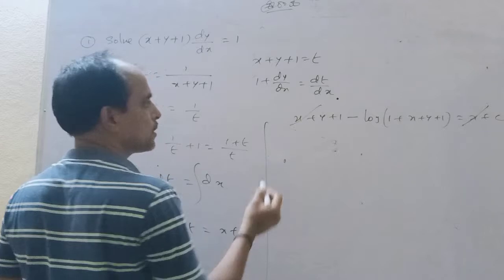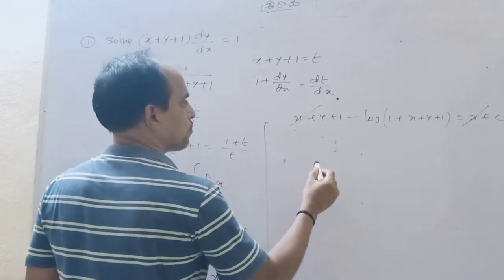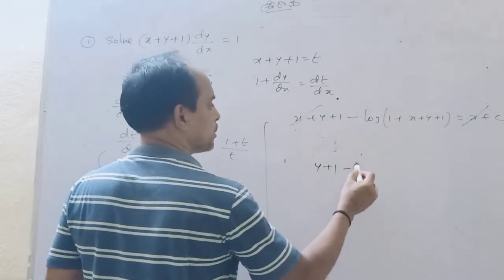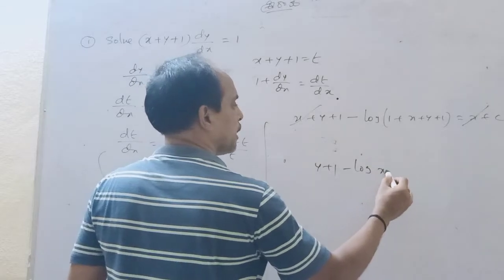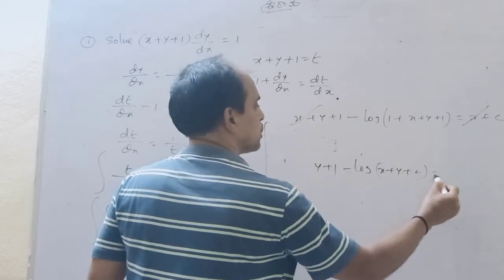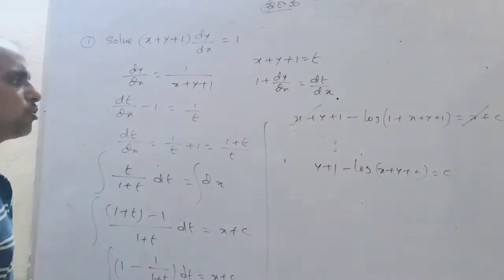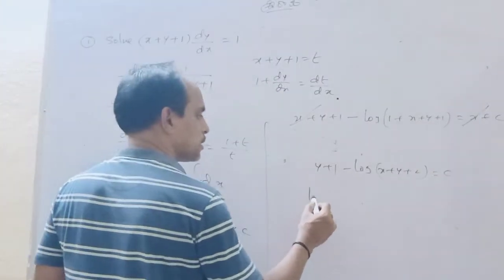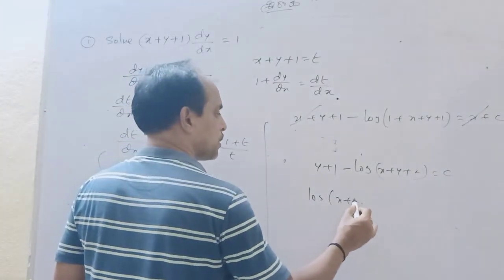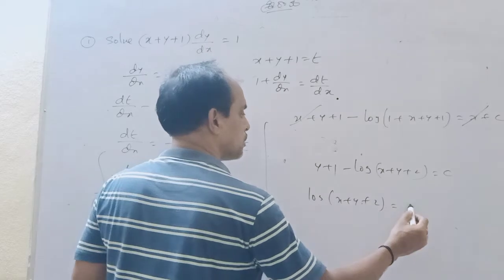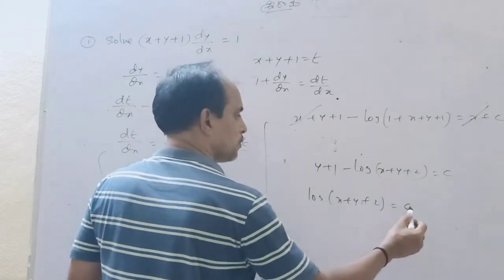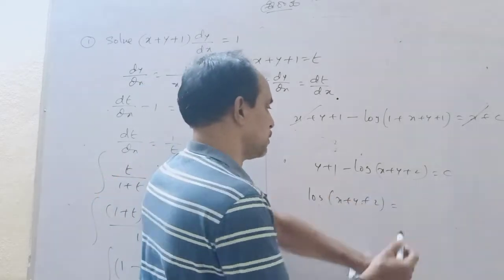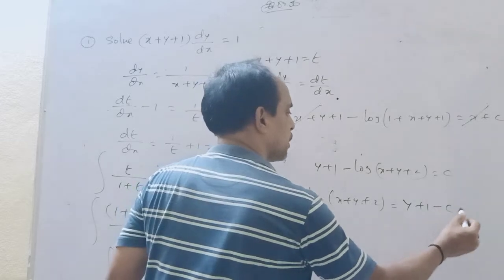So x will be cancelled. Now y + 1 - log(x + y + 2) = c. You can simplify it. That is log(x + y + 2) = y + 1 - c.